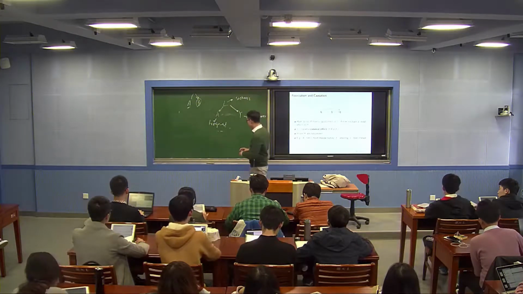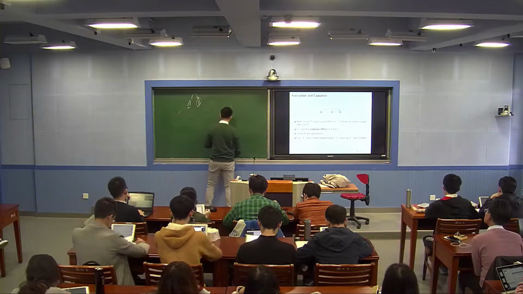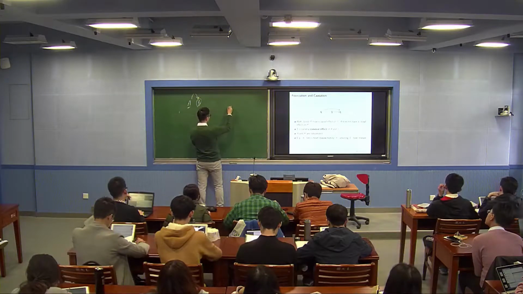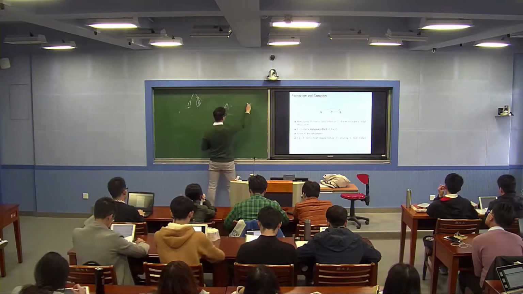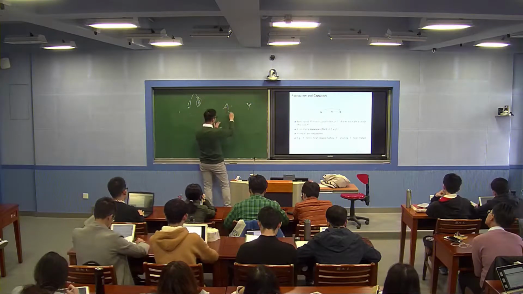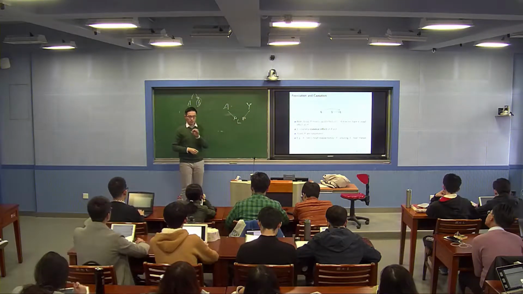How about this case? How about when I have this relationship where it's really A and Y, and they have no causal effect on each other, but A causes L and Y causes L. So L is their common effect.